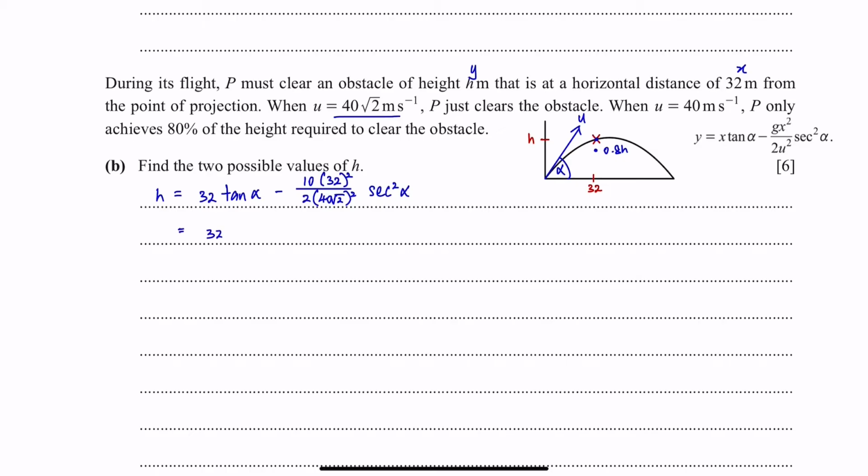This would give us 32 tangent alpha minus 8 over 5. Secant squared can be written as tangent squared plus 1.